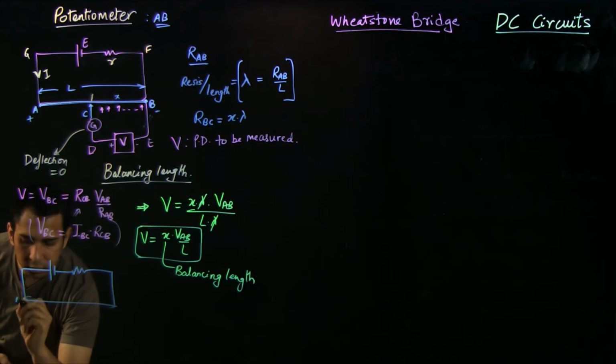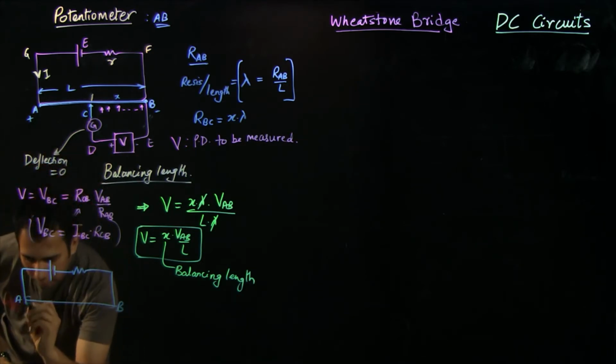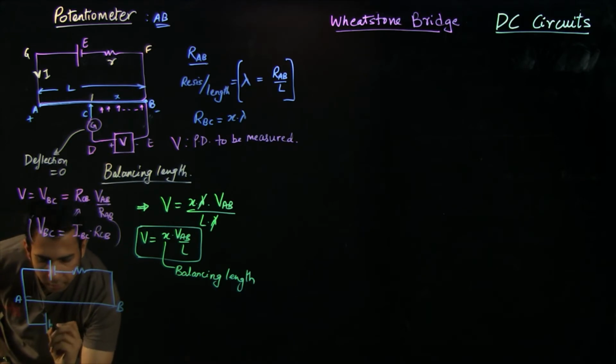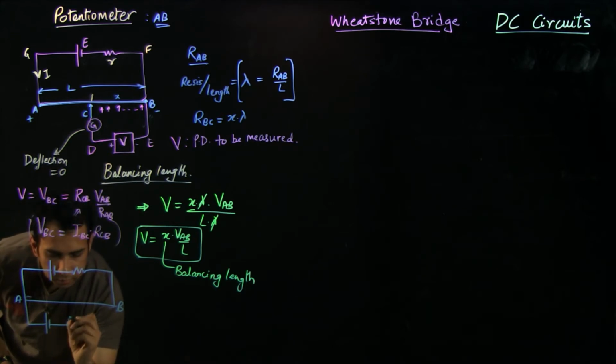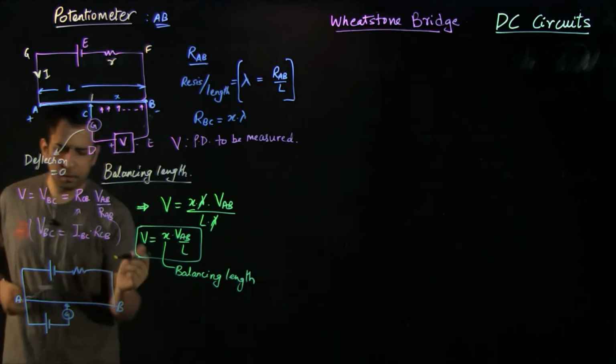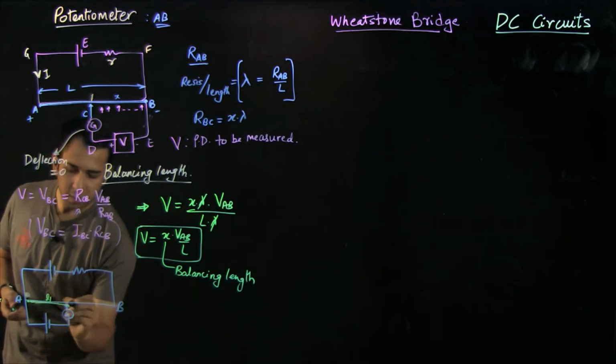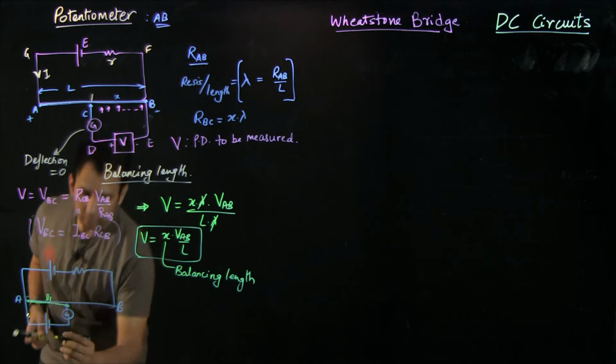And in this one, this is again A and B, and it's a potentiometer wire. I am using a battery with a galvanometer like this, and let's say the balancing length, which is this, comes out to be L1.